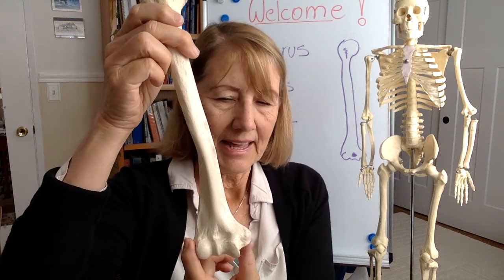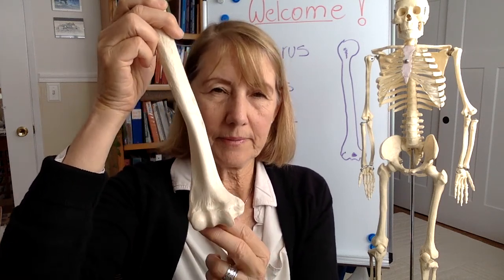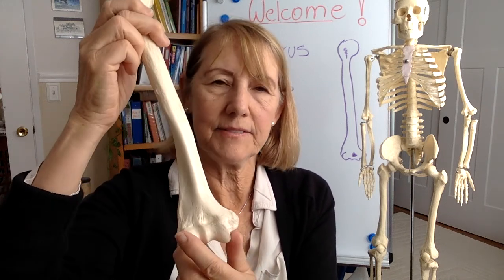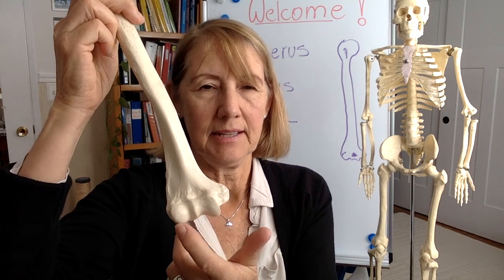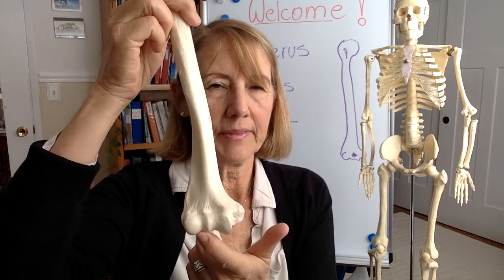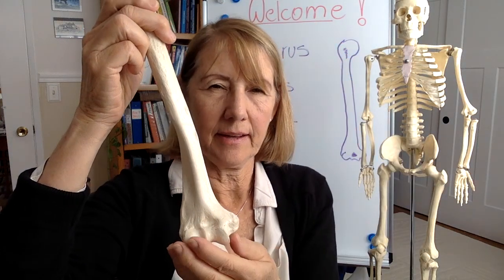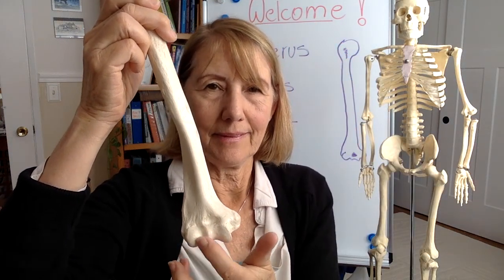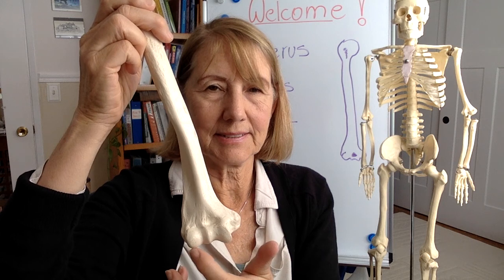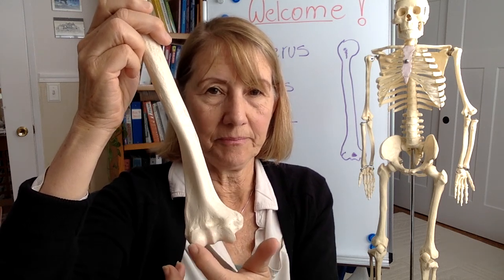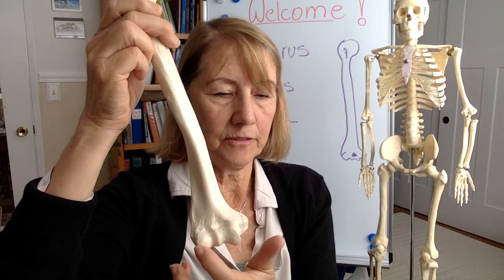Okay, good. Then we're going to go to these 3 bumps that we want to look at. One of them I think of as very rounded and looks like a little ball, and it looks like a cap that you'd wear on your head. So cap, think of that, because the name is capitulum. So that is the capitulum. And it's going to form the joint with another bone.